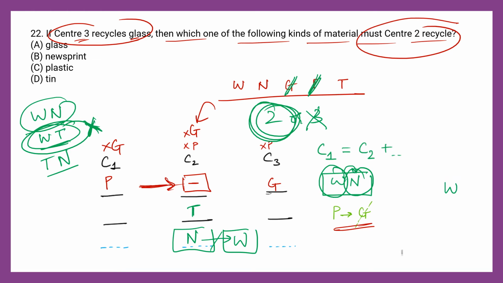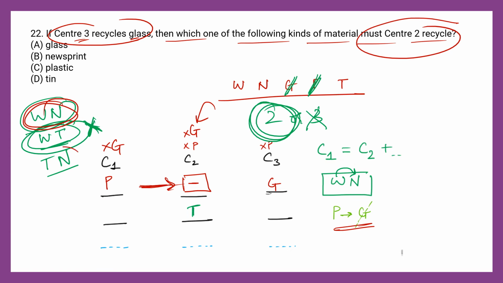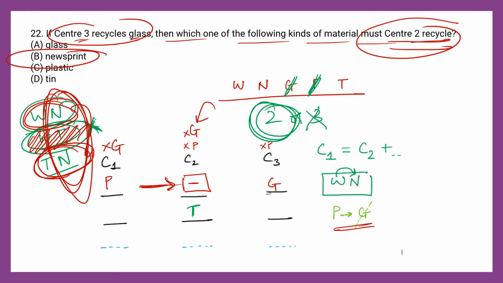There's a direction to this. So you know that you can have T and N. We saw that there are 2 possibilities: W and N, or T and N. Now what is the common one between these 2? It is N, which means that center 2 must recycle N, so the answer is B.